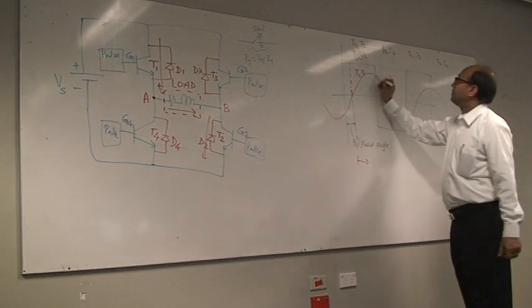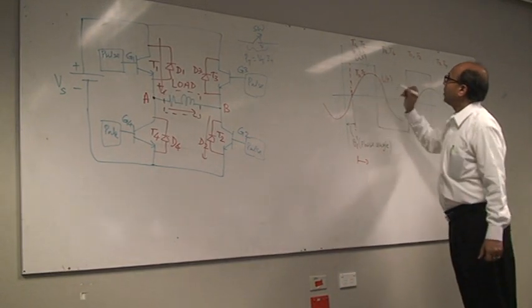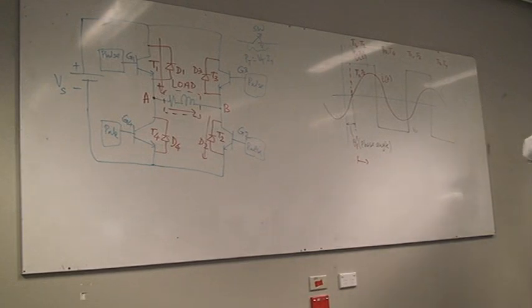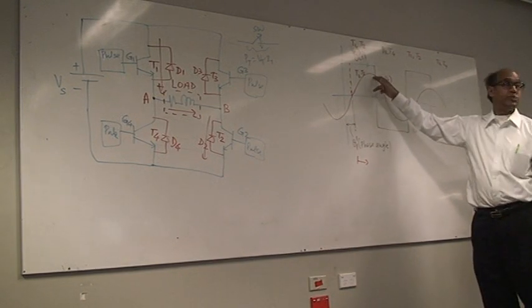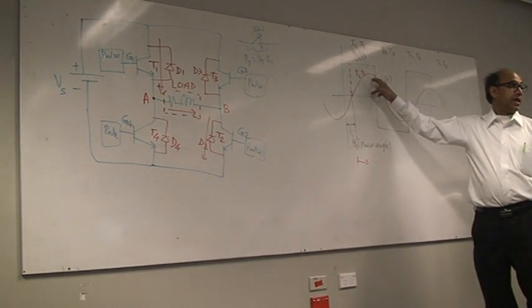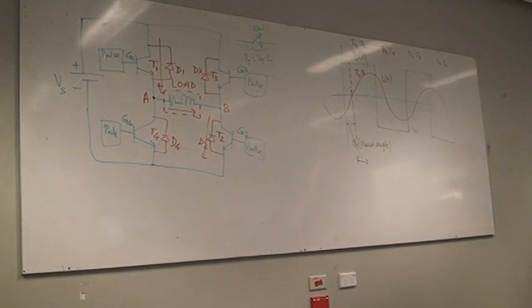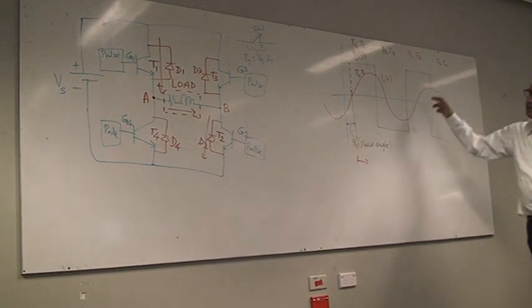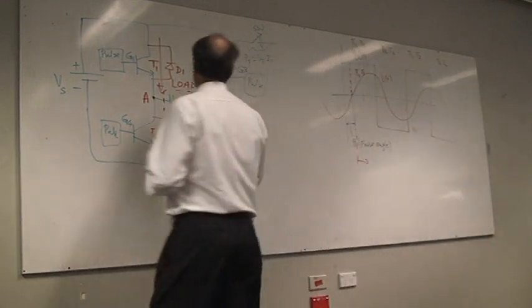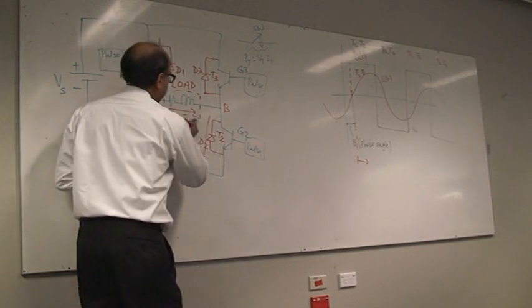Now when you come here, what do you actually like to see? When you come at this point, T1, T2 should stop, and T3 and T4 should come into picture to conduct current. But T3 and T4 can conduct current only in the opposite direction, isn't it?